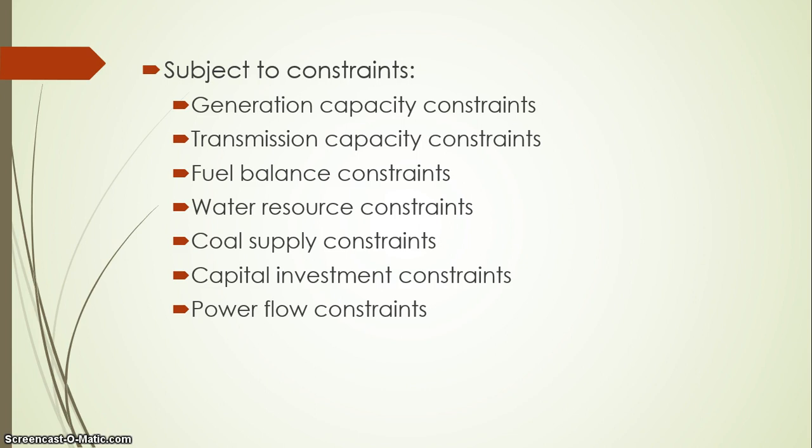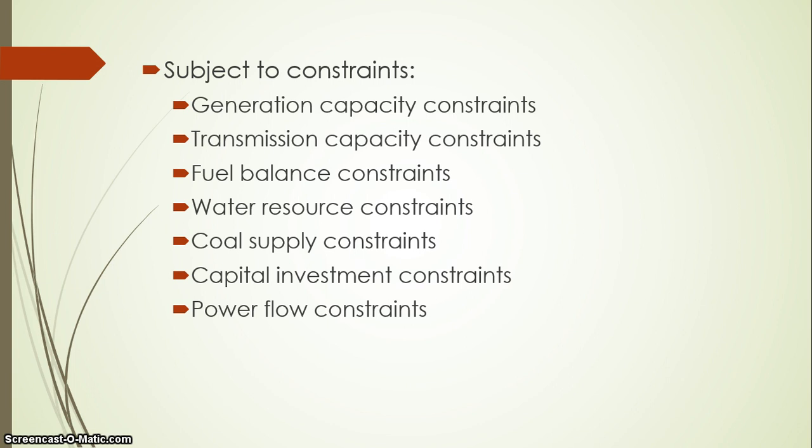Coal supply constraint, so water resource constraint, coal supply constraint, fuel balance constraint, these are all the constraints related to the input to our system. Okay, then capital investment constraint means how much we are investing, how much capital we are having, and for that capital, with all the fuel resource constraint, coal supply constraint, we can design what type of plant.